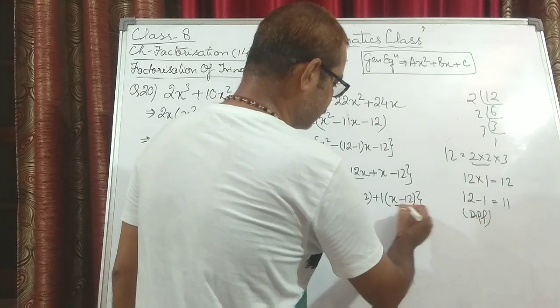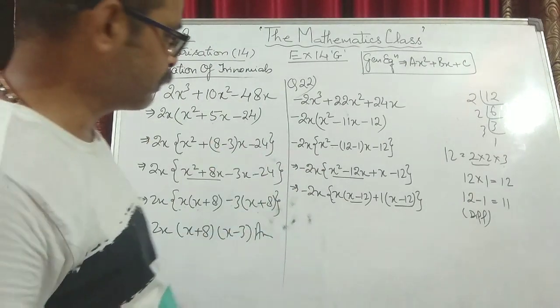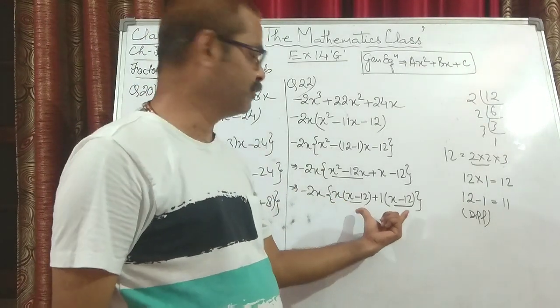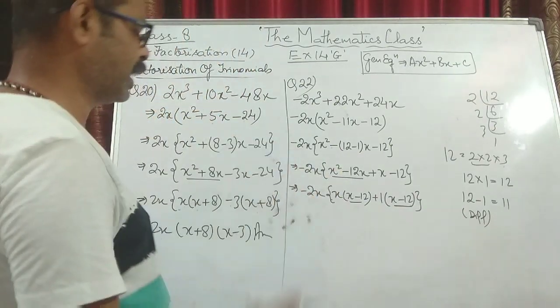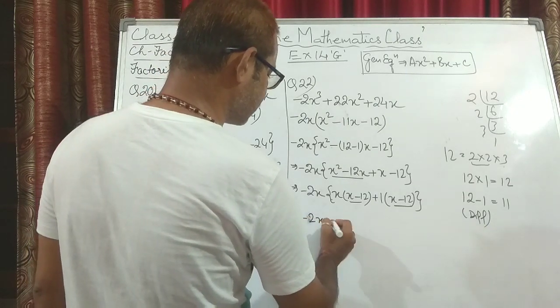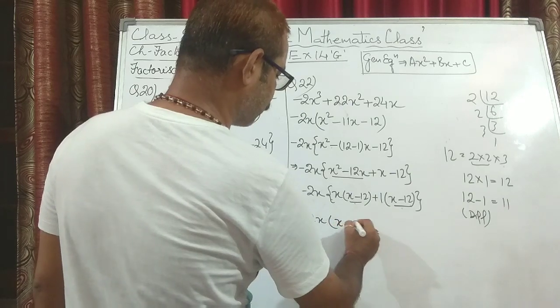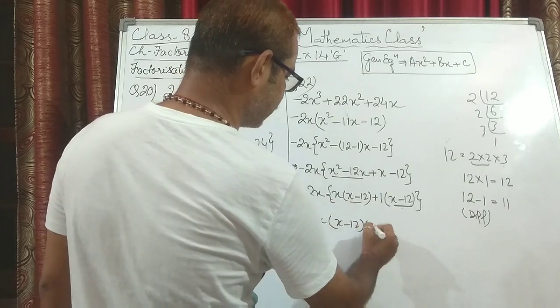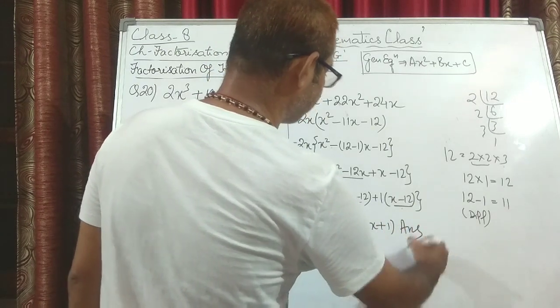Now you can see that these two values are same, and our main motive is that these values should be same. If these values are same in all respects, it means our calculation is right. So we can say minus 2x, and we can take x minus 12 common, and what is left in the first bracket? x is left, and in the second plus 1 is left, and that is the final value.